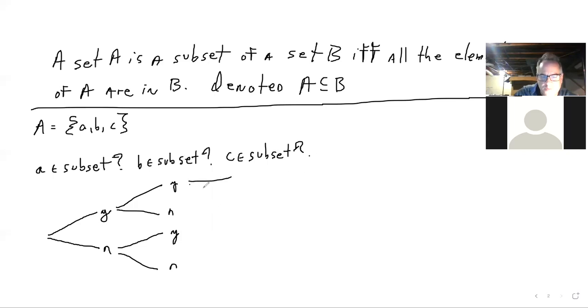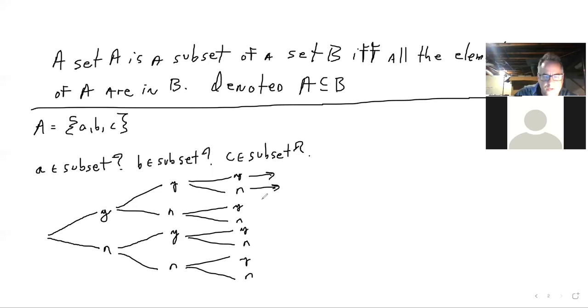And so off of each possibility, there are two choices, yes or no. Now, what I could do from there is follow along the paths of possible answers. And when I do that, I'm going to get all 8 subsets that we came up with last time.